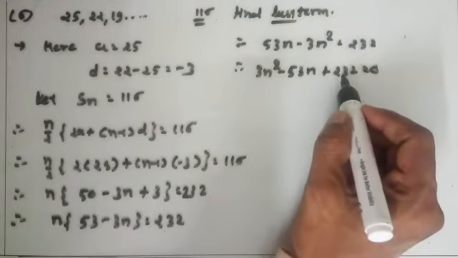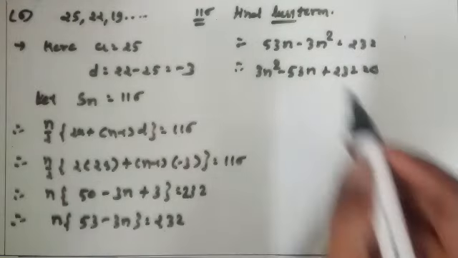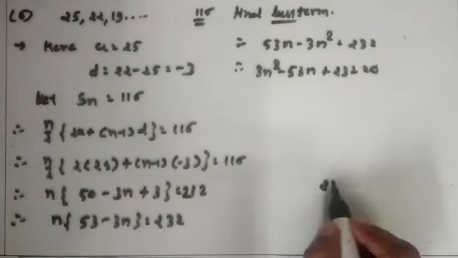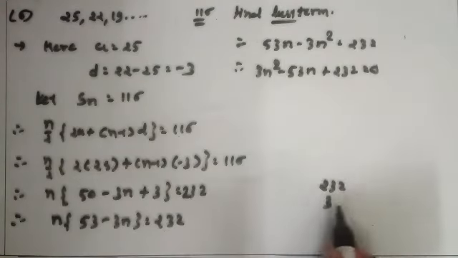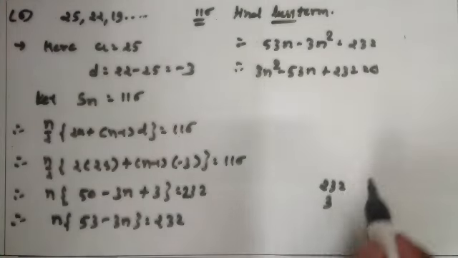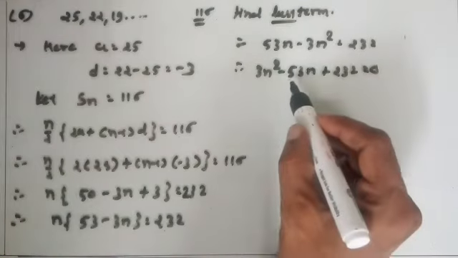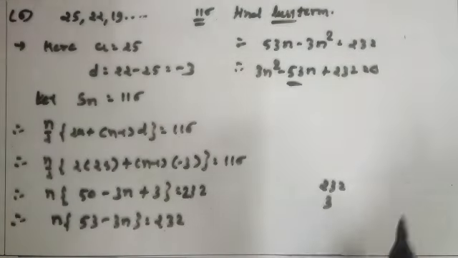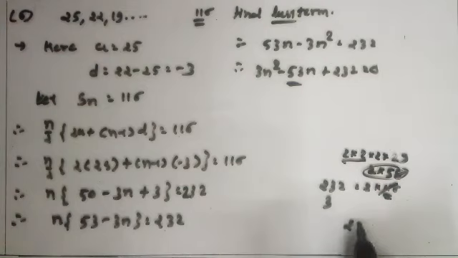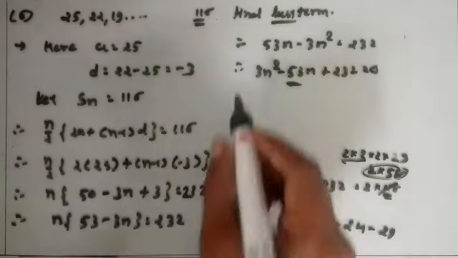Now 232 into 3, divide this product in such a way that the sum of these two numbers becomes 53, so 24 and 29, and the sum of these two becomes 53, and apply both minus sign.